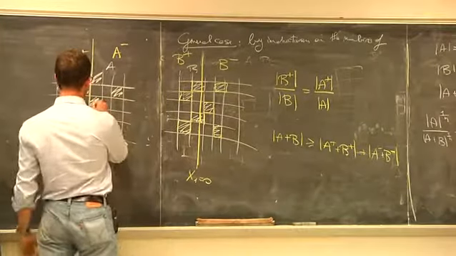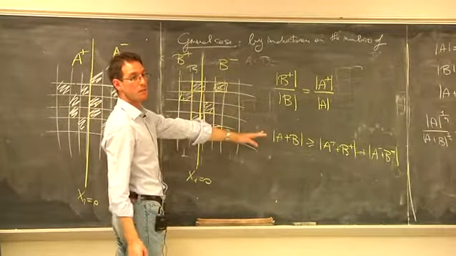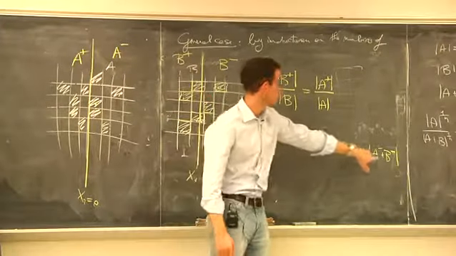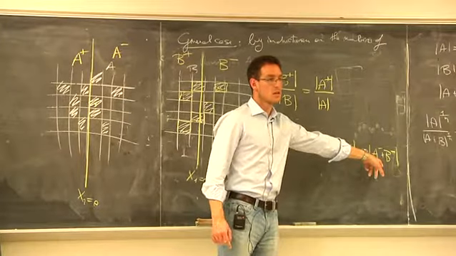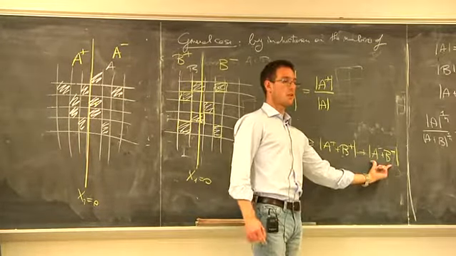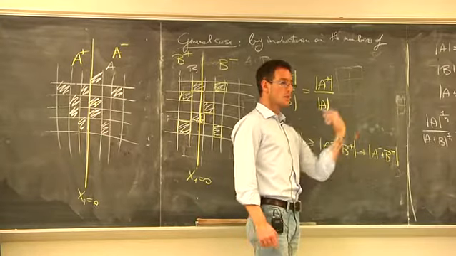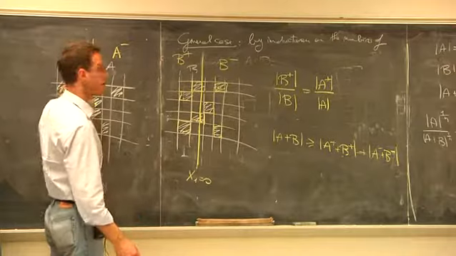If I take a point here and a point here, I get a point on the right of x1 equals 0. So these two sets are disjoint, and this is why I get this inequality. Then I apply the induction hypothesis on this case and on this case, because the number of cubes has gone down by at least one: here I have at least one cube less, and one less here.